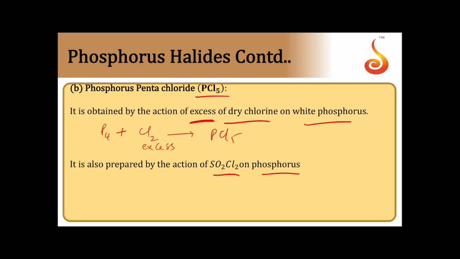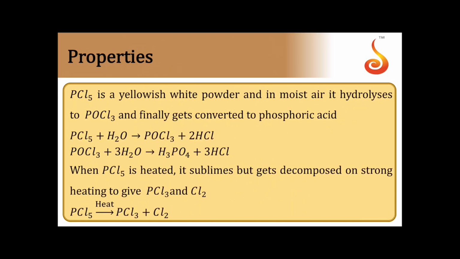Phosphorus plus SO2Cl2 gives PCl5 and the byproduct SO2. I am not balancing the equations, I am writing only the main products.